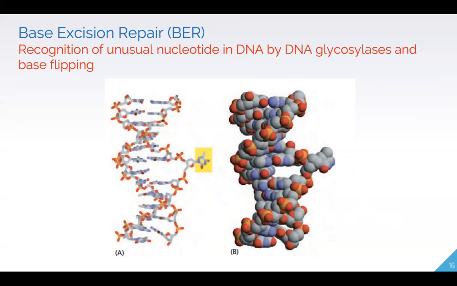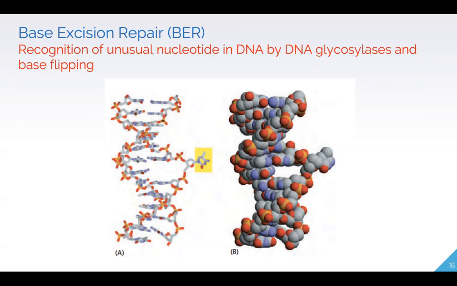The enzymes involved in this BER program are a family of enzymes, DNA glycosylases, that continuously scan the genomic DNA. They simply scan the genome looking for any unnatural bases. When they find one, they stop and undergo a conformational change and acquire new activity in order to remove that lesion.